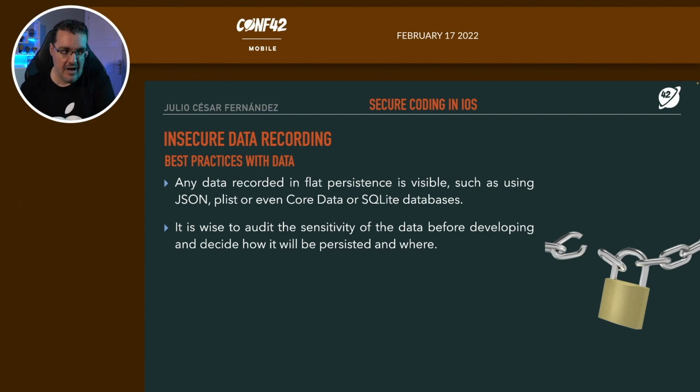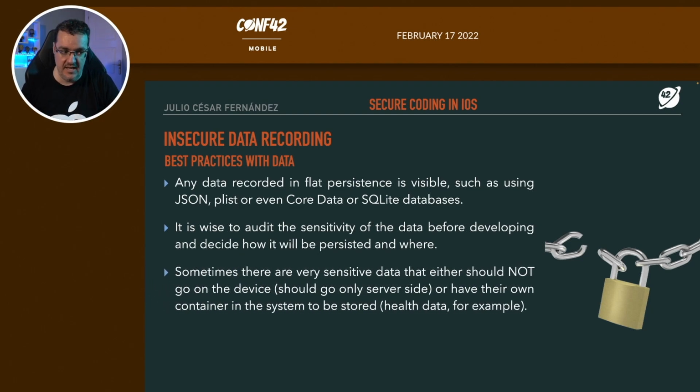It is wise to audit the sensitivity of the data, okay, before developing, and decide how it will be persisted and where, and if any data needs encryption or maybe any data has to be stored in certain locations, for example, the keychain, to avoid access or reading by anyone in the flat persistent storage, okay?